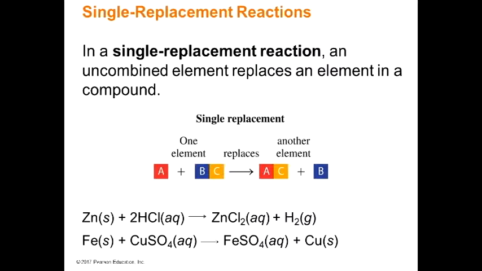But here, what kicks it out, there we go. All right? Okay? So here we have zinc, and now hydrogen's gone. It's been kicked out. Okay? Here we have iron, and notice copper is kicked out.